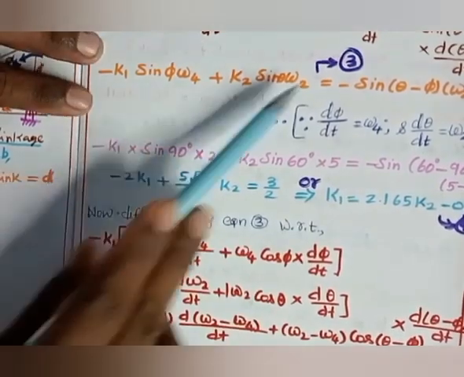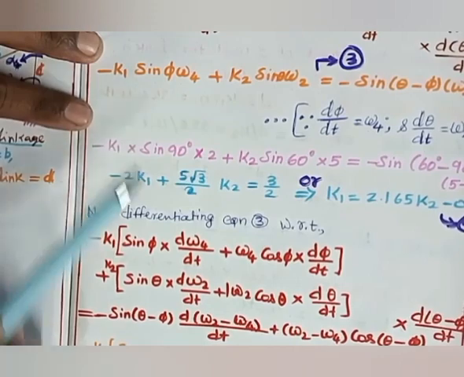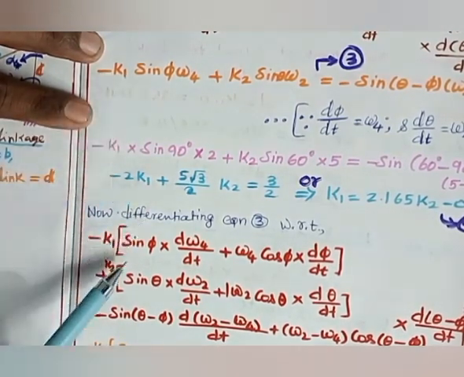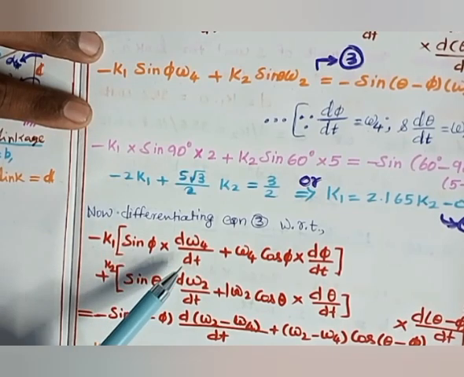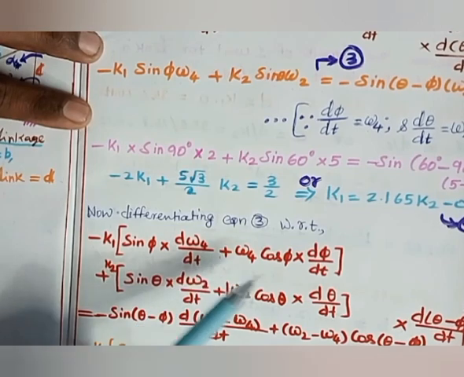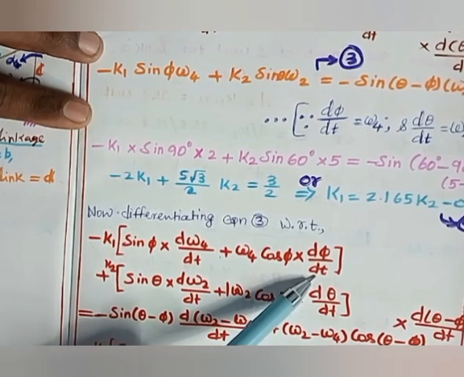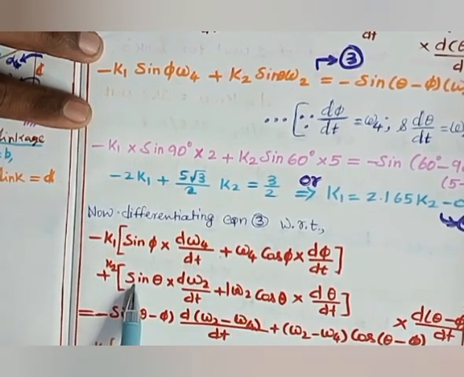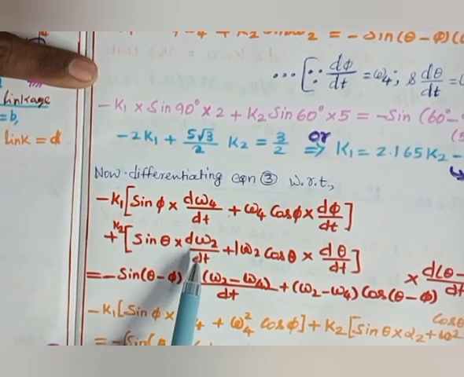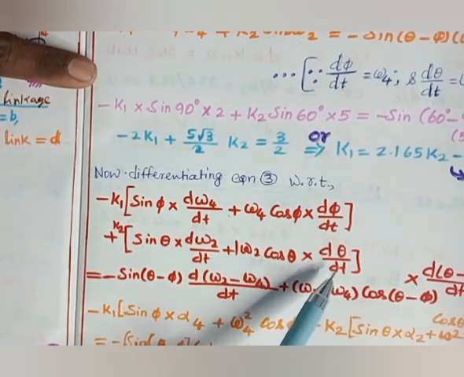So differentiating equation 3 with respect to time, just you put minus, k1 is constant, and differentiate sin phi into differentiation of omega 4 divided by dt plus omega 4 into cos phi into differentiation of phi with respect to dt, again plus k2 into sin theta into d omega 2 divided by dt plus omega 2 into cos theta into d theta by dt.